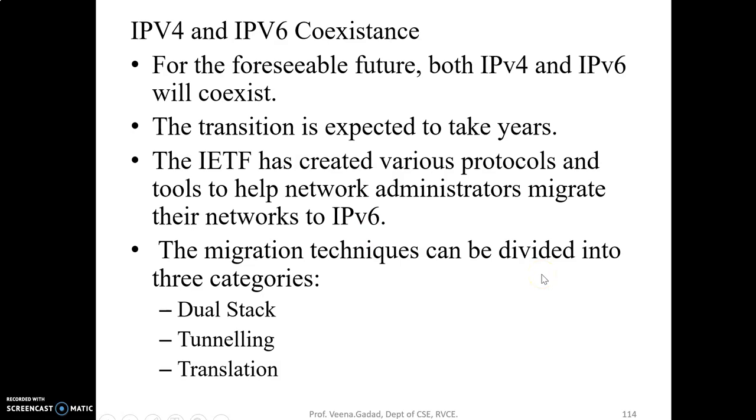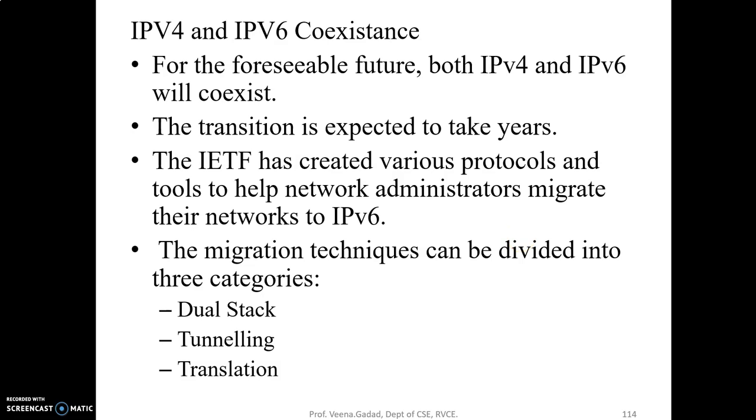Now, it so happened that we had certain networks working with IPv4, and we had newer generation devices which were on IPv6. So, for a certain duration of time, both IPv4 and IPv6 are going to coexist together. This transition from IPv4 to IPv6 is expected to take a few years.